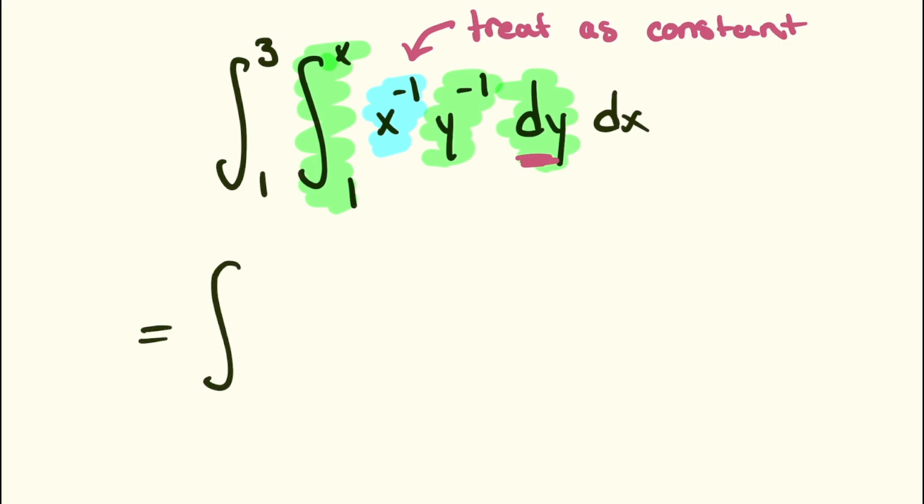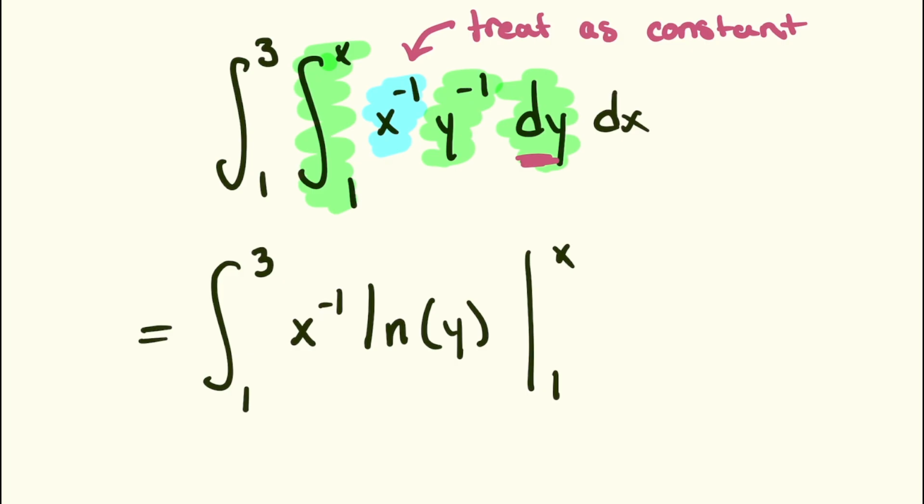We're going to start off by punching in our outer bounds and our outer integral. So we're going to leave that as fixed, and we're going to have the dx on the backside, but we're not going to put that in yet. Our x inverse, like we said, is going to come along for our y. The y inverse, the antiderivative, is natural log of y, and here are our bounds, 1 to x, and then we have our dx.